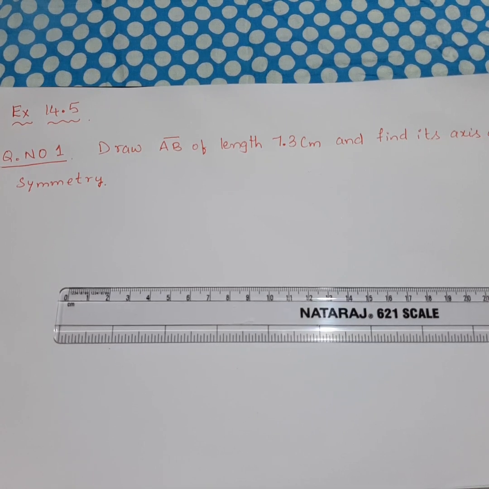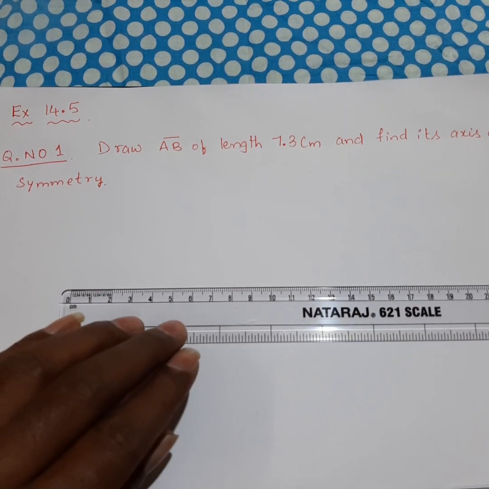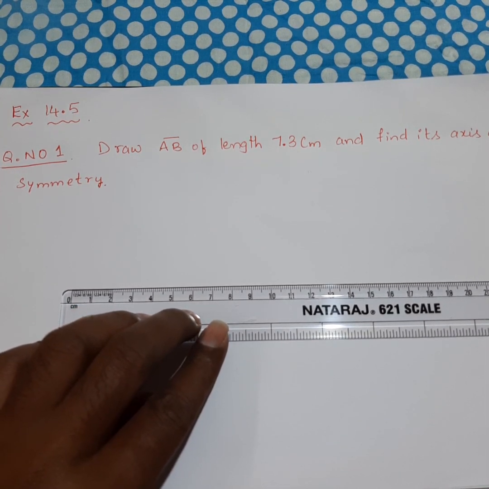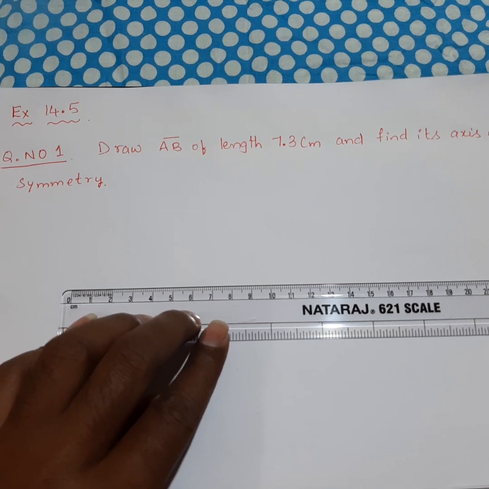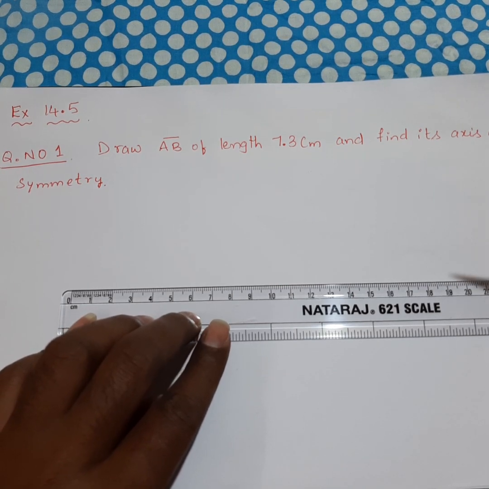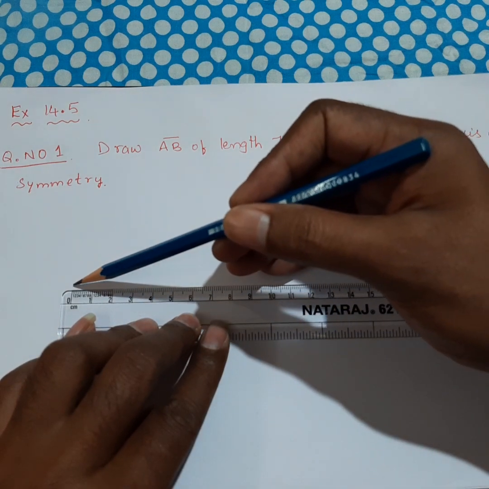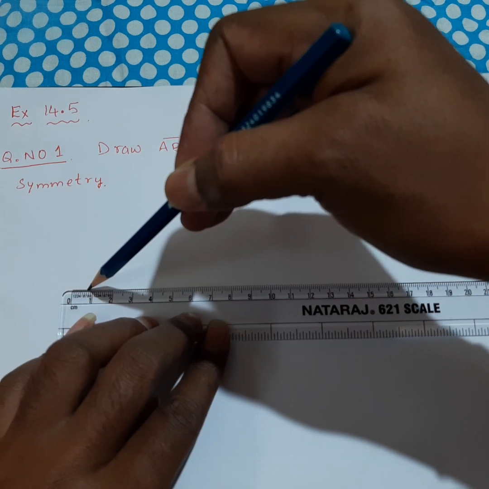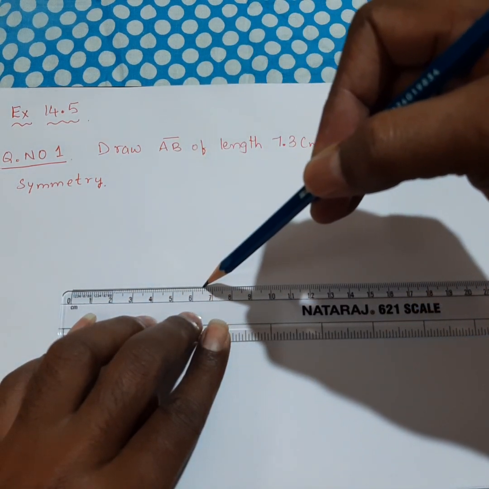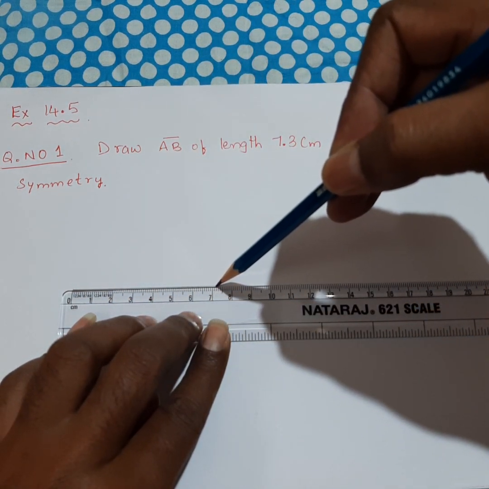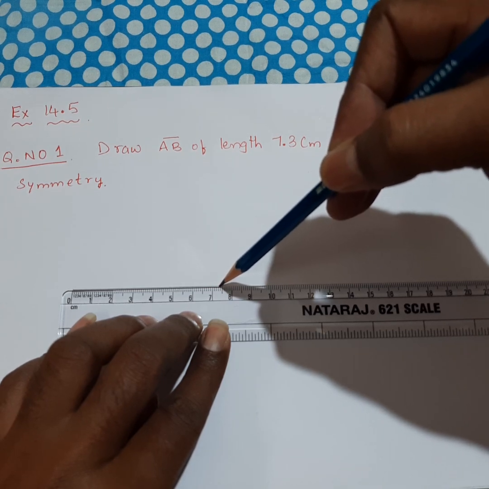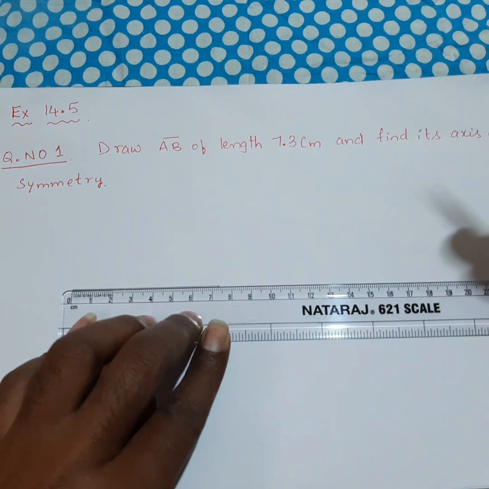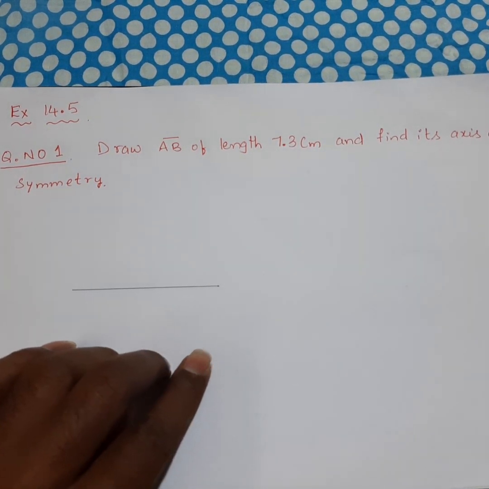So now I am drawing the line segment by using the scale. Start from 0 and draw the line segment to 7.3 here. After 7, exactly 3 places, you can draw the line segment. So this is the line segment AB.